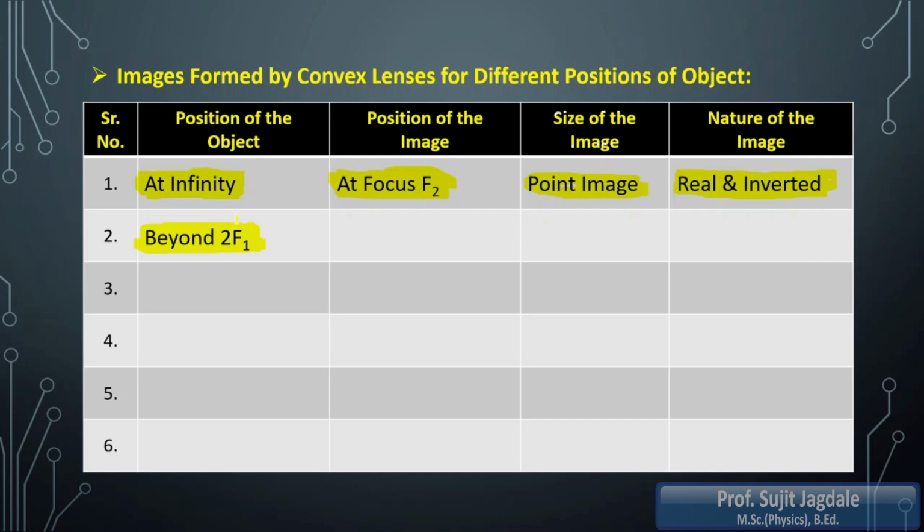Suppose we consider the same condition, 10 centimeter is the focal length. So beyond twice f1 means 20 centimeter to 100 centimeter, that distance I have to consider. Here always we are going to take the focal length as 10 centimeter, so I am going to compare the distances with the help of 10 centimeter only. So you can understand it very carefully.